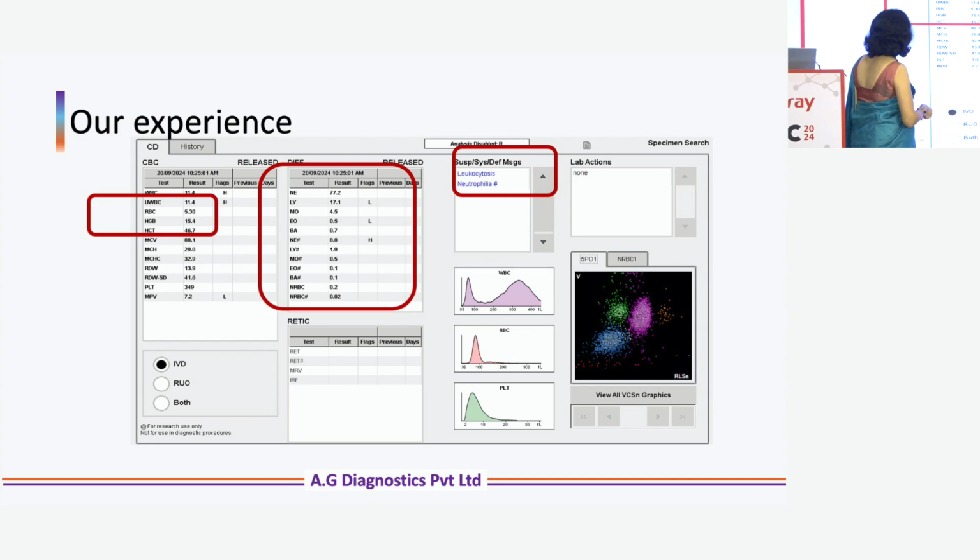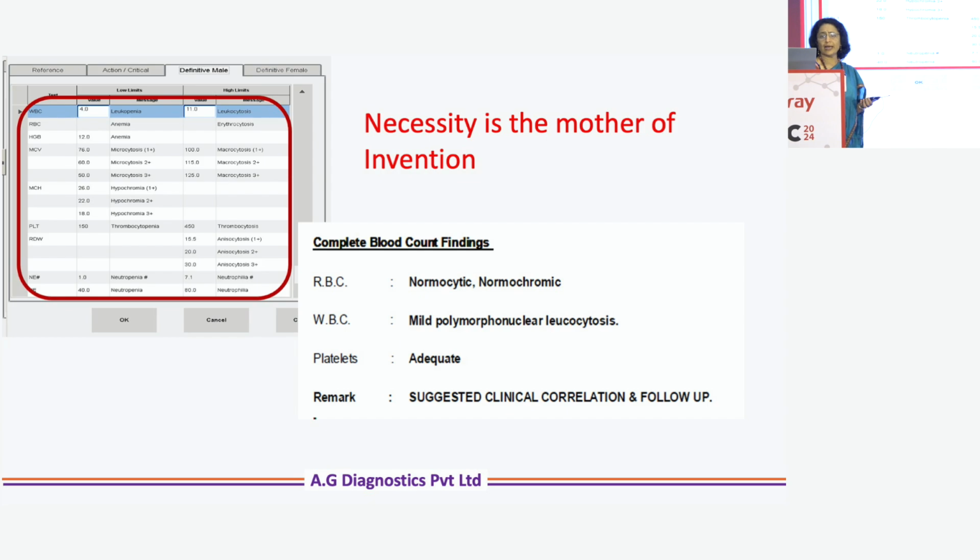So something like this, that this person has a hemoglobin of 15 and a neutrophil of 77 and a total WBC count of this. What we started doing gradually was that this is transcribed onto our report directly. We could build this logic into the LIS so that from here I get the normochromic, normocytic, mild poly, and like I said, an interpretative remark, everything. We could develop it such that this can happen automatically.